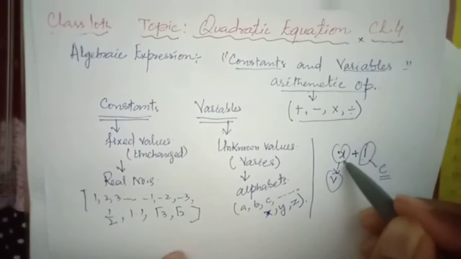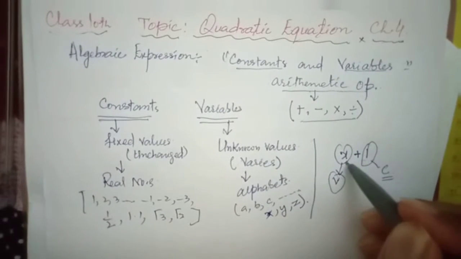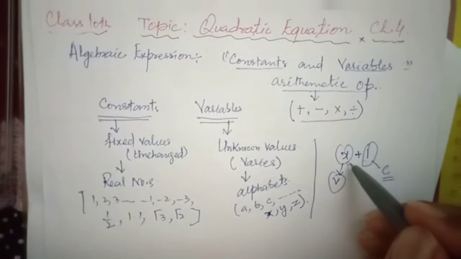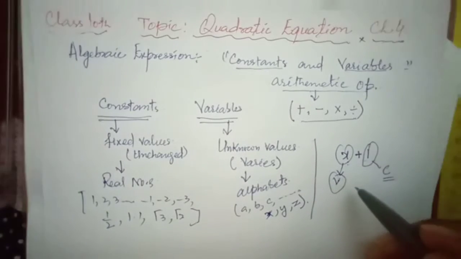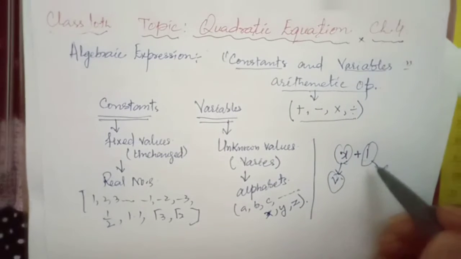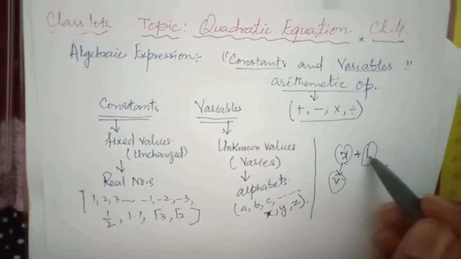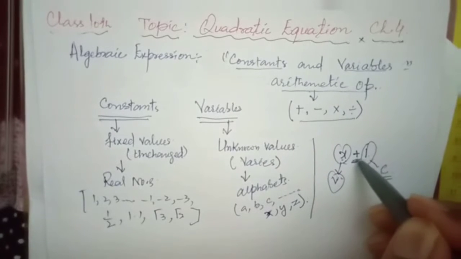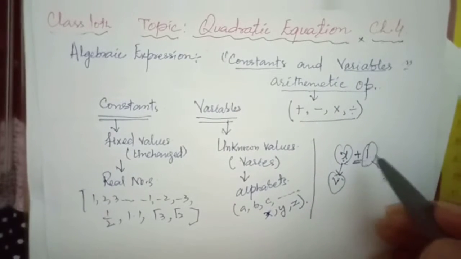We don't know its value. Its value can be any one of the real numbers like 1, 2, 1/2, 3, 4, 5, 6, 7, 8. So this is the variable and this is the constant. Combination of constant and variable, and here the arithmetic operation is addition. It forms the algebraic expression.